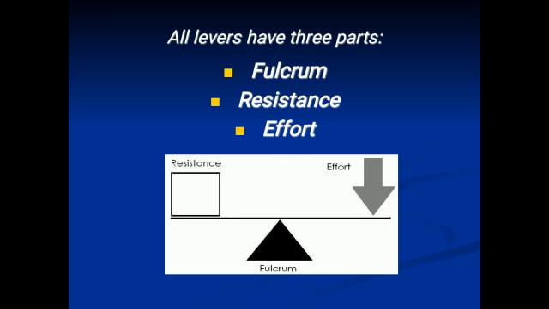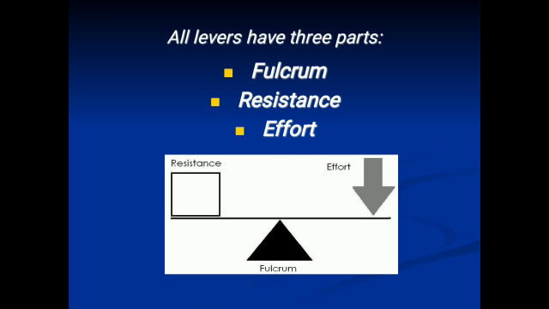A fulcrum is nothing but a support around which the movement occurs. The point where the movement is occurring is called the pivoting point or fulcrum point. Then we have resistance.